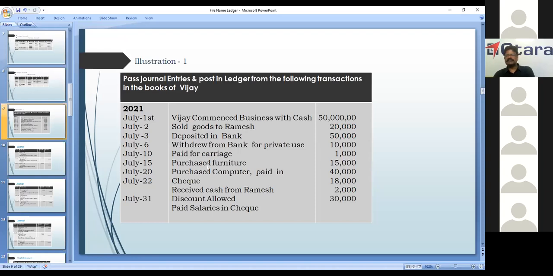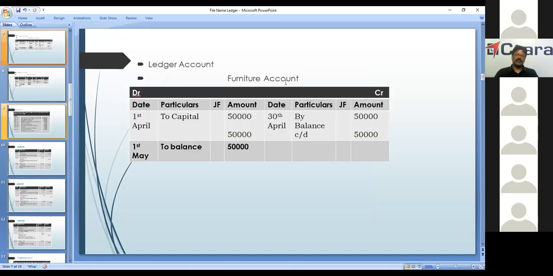As per the nominal account rule, we debit all expenses. Carriage being an expense, we are debiting carriage. Payment is made in cash, cash is going out, and as per the real account rule we have to credit cash. So the entry is carriage account debit to cash account, 1,000 rupees.